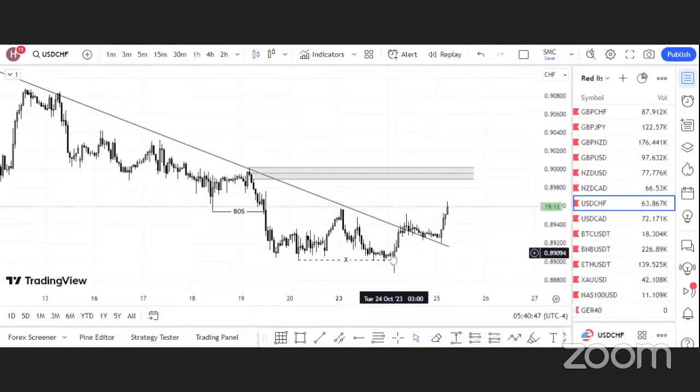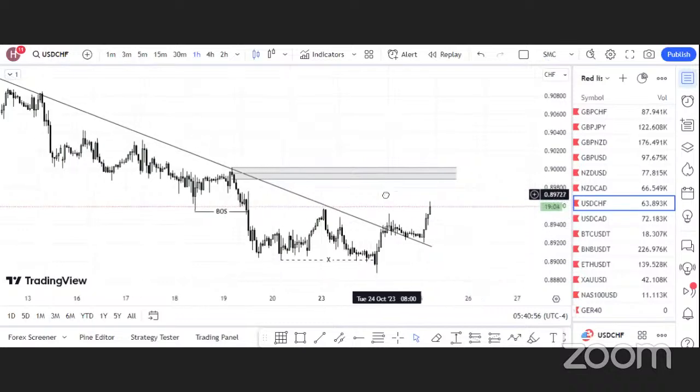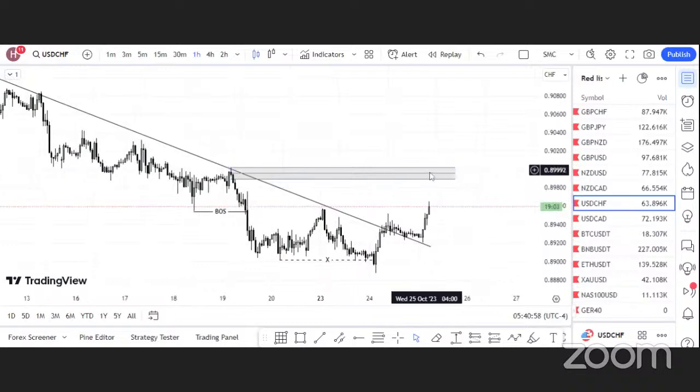But what happens? The market just came down, took out their stop loss, and then the market started making a move to the upside. All right. So this is the next area where I think the market is most likely to come back to make a correctional movement before it continues to head to the upside.